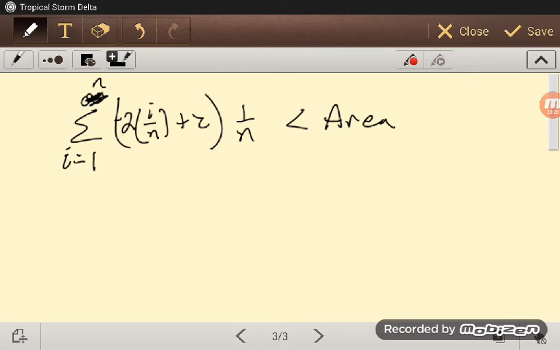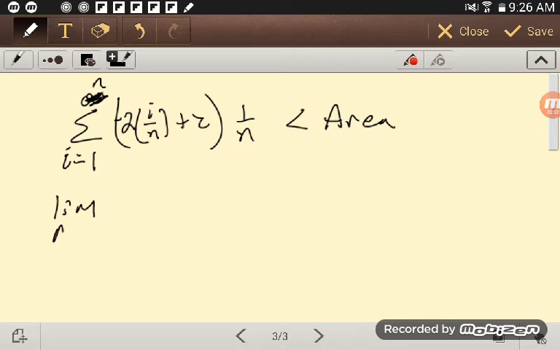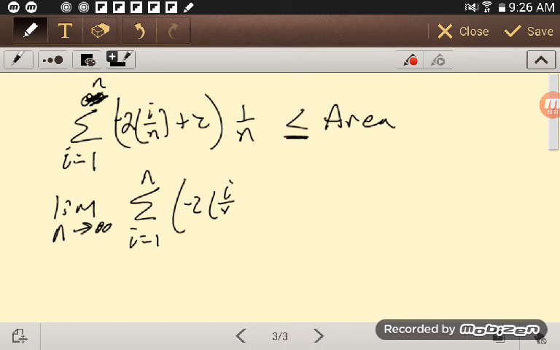But then we said, let's take the limit as n goes to infinity of our sum, i equals 1 to n of minus 2i over n plus 2, times 1 over n.